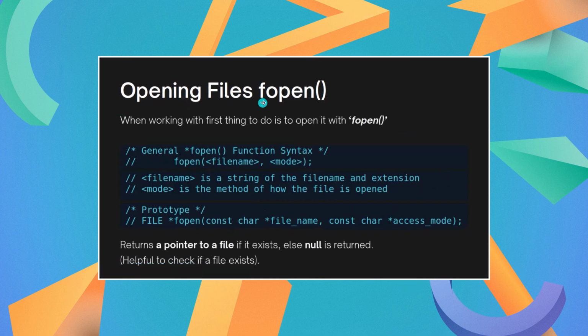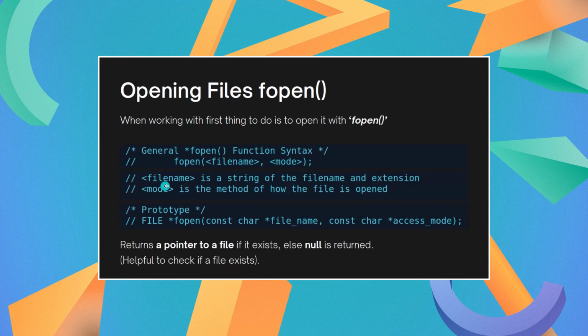Now, recall, the file pointer is a type definition that allows us to store file information with the use of pointers. Now, when opening files in the C programming language, the first thing to do is to make use of the fopen function. The general syntax for fopen is the function name fopen, followed by our file name, which is a string, and a mode, which is another string, passed to our function fopen as parameters.